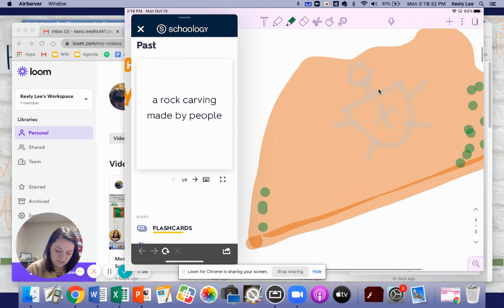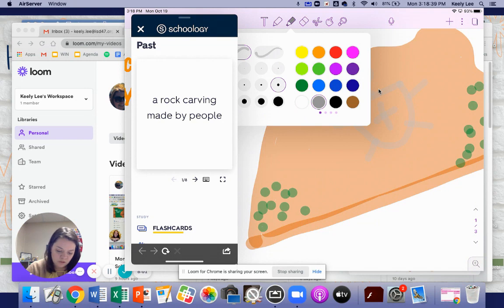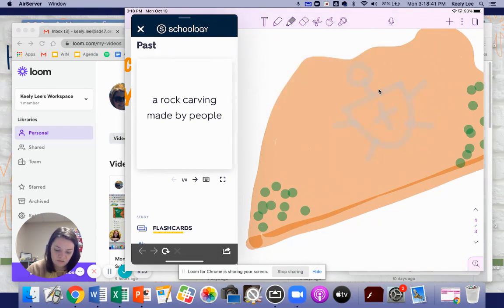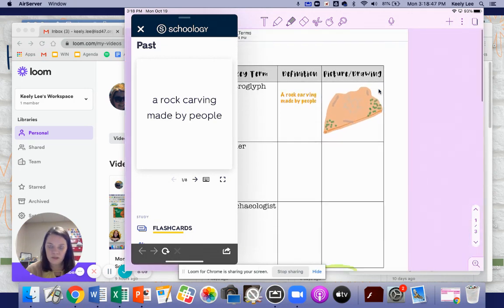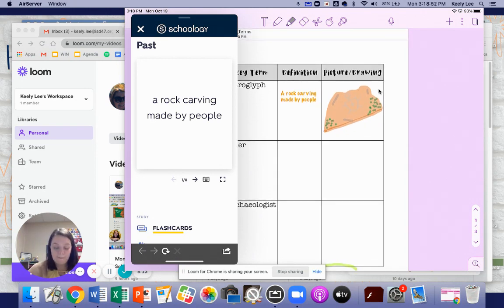Just gonna add some detail, okay? Think about when you are drawing anything, right? It's kind of all about the detail, right? Okay, so then there's my petroglyph, which is a rock carving made by people.